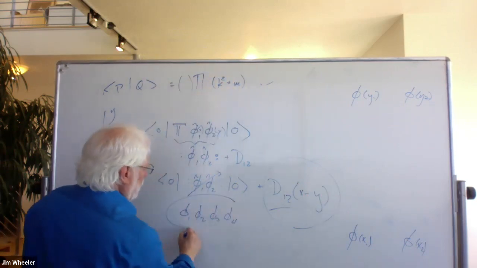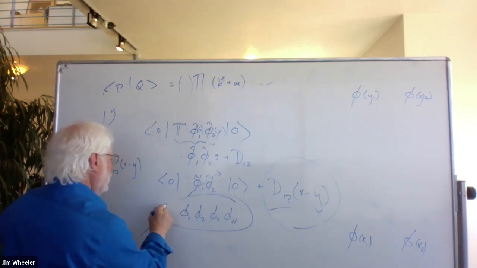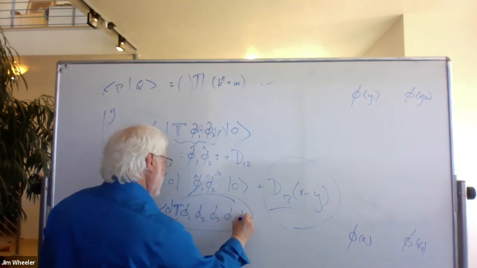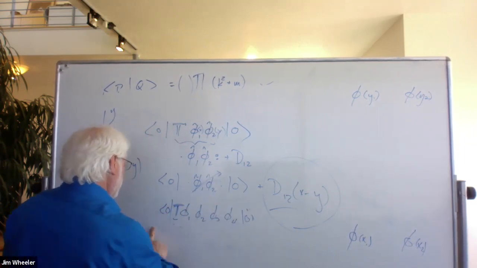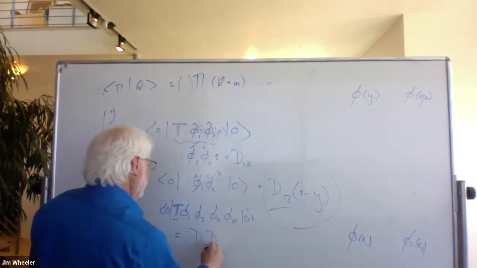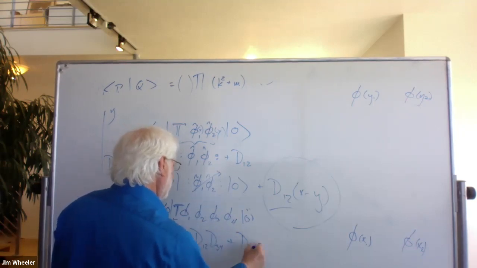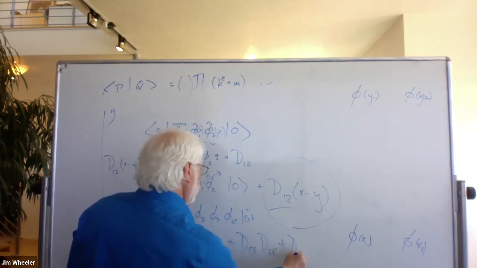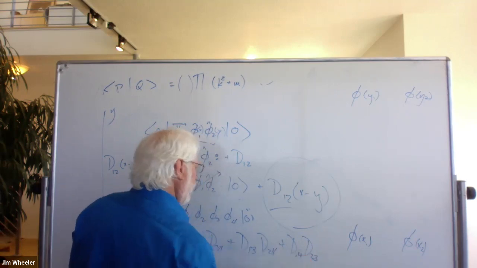So this expectation value, let's put it in here, time-ordered product of those, we now know by Wick's theorem can be written as D12 D34 plus D13 D24 plus D14, what's left, D23.